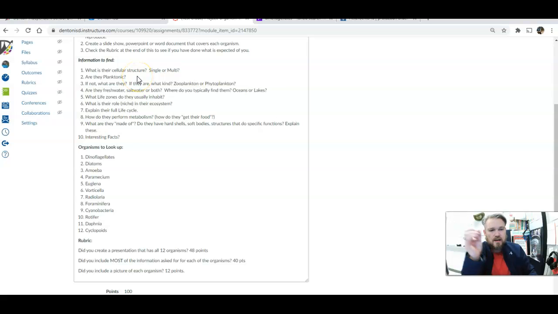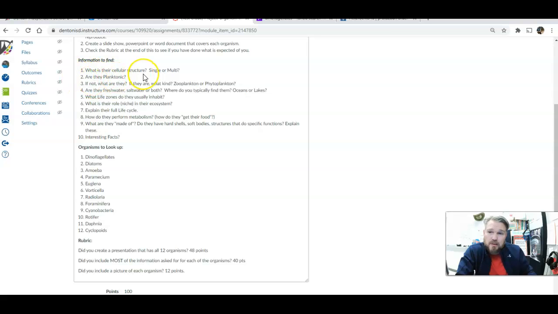If you're single-celled, you're going to be really, really small, microscopically small. If you're multicellular, you might be a little bit bigger. But most of these, just to give you a heads up, are pretty much microscopic. You might be able to see some of them with the naked eye, but to pull out features is sometimes a little more difficult, so a microscope helps.